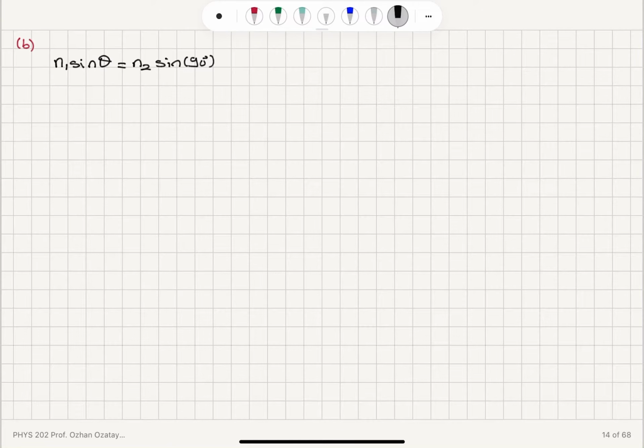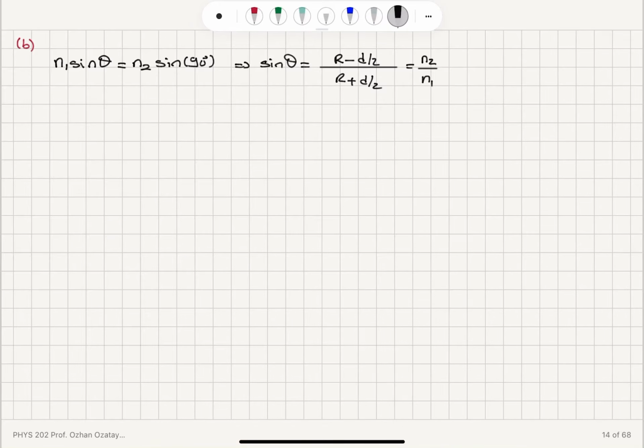So sine theta, which is capital R minus d over 2 divided by capital R plus d over 2, is equal to the ratio n2 divided by n1.